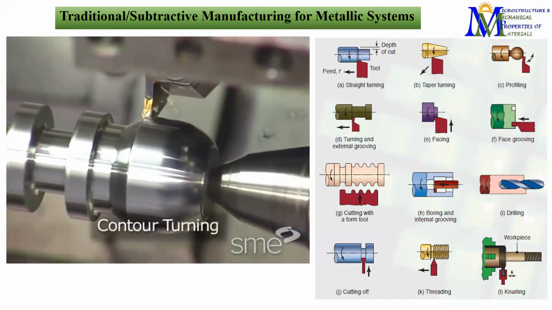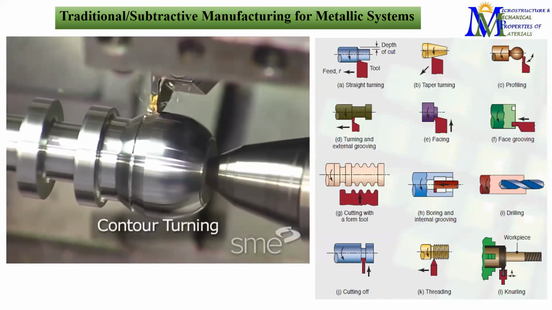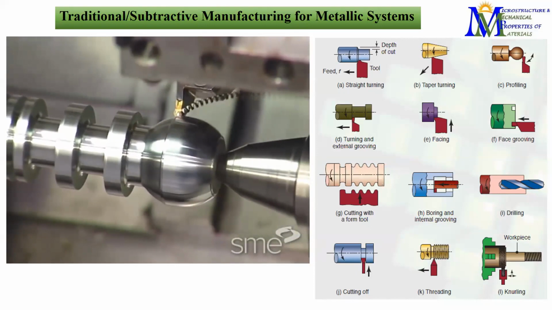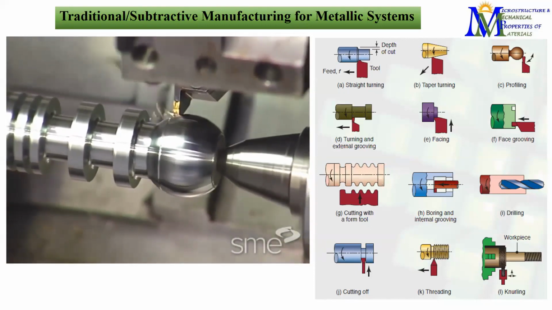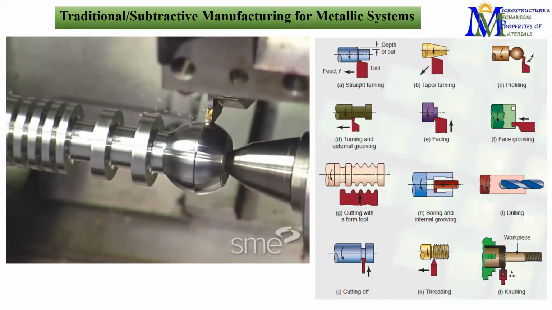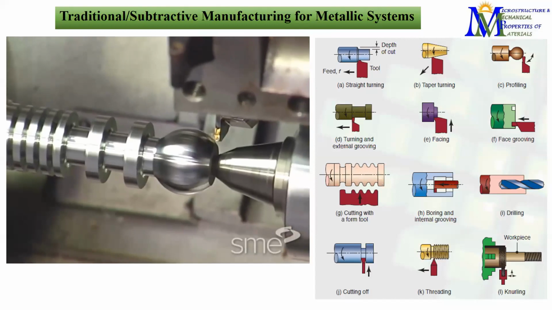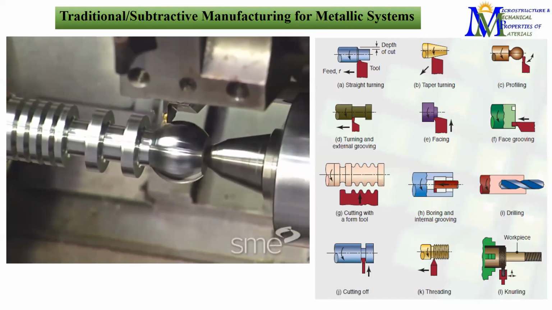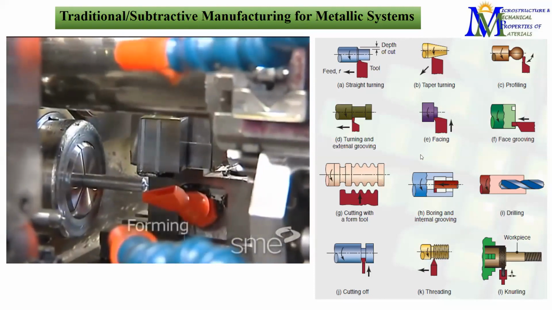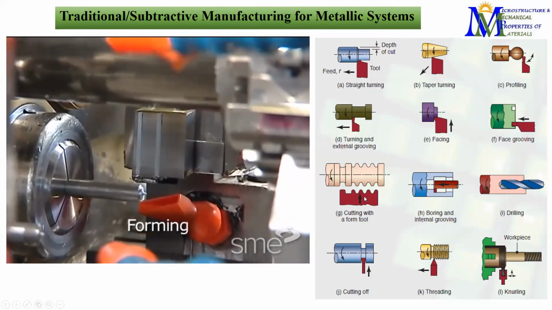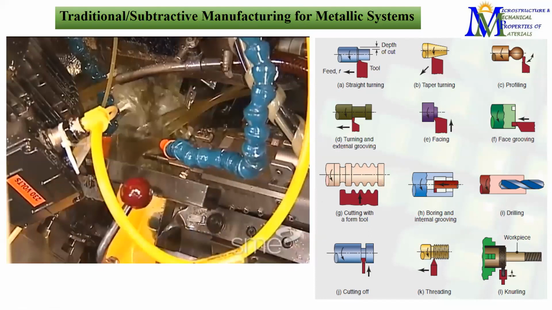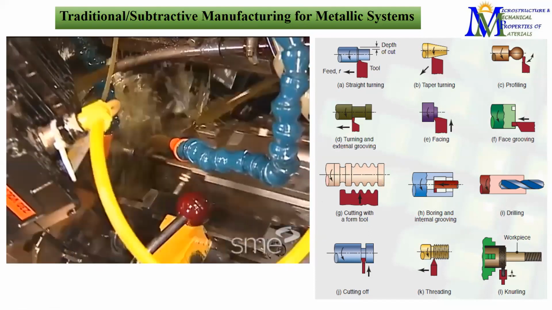Contour turning or profiling was formerly performed by having the single-point cutting tool trace a template of the desired profile shape. This has largely been replaced by CNC turning, in which the desired contour is simply programmed into the machine, which directs a cutting tool to cut the contour. Forming is another alternative for generating complicated shapes. The tool having the desired form or geometry is advanced perpendicular to the axis of rotation, reproducing the tool shape in the workpiece.